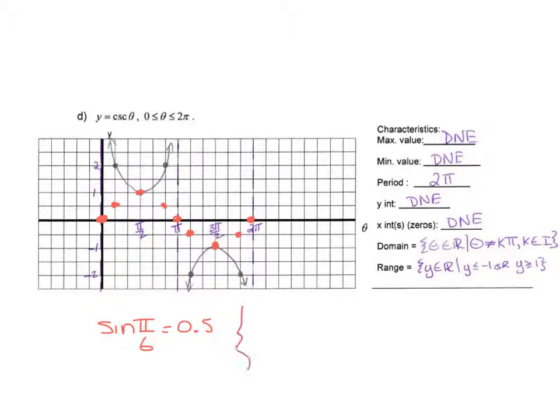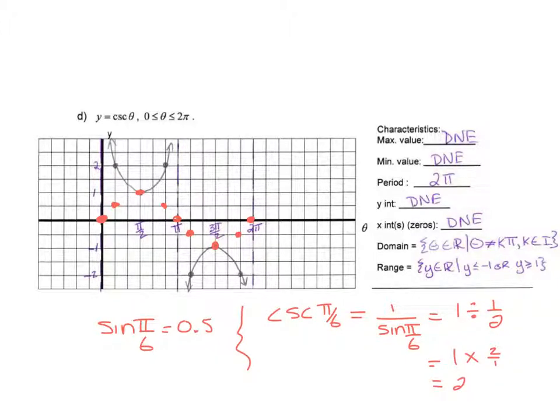I was dealing with cosecant of pi over 6. And if you looked at the table of values, it gave me 2. The reason it gave me 2 is this is 1 over sine of pi over 6, which would be 1 divided by 1/2, and you'd have to invert and multiply, and that's how I get my 2.